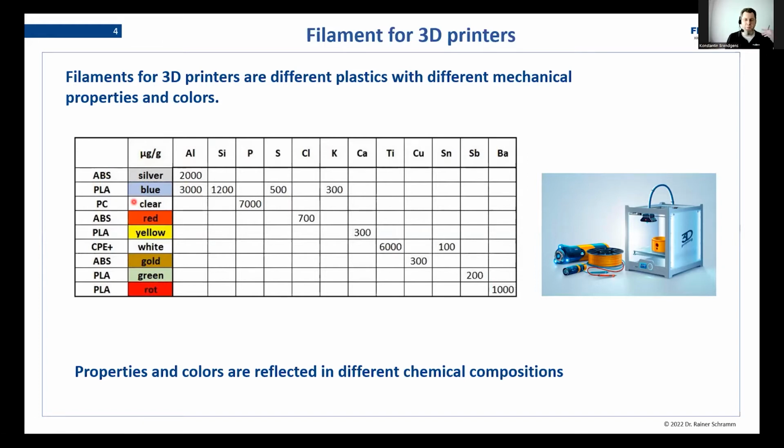I think what we want to keep in mind is that all of them are polymers, but the chemical composition and also the color comes from the chemistry used in their production. And that also gives them different mechanical properties, apart from just the color.